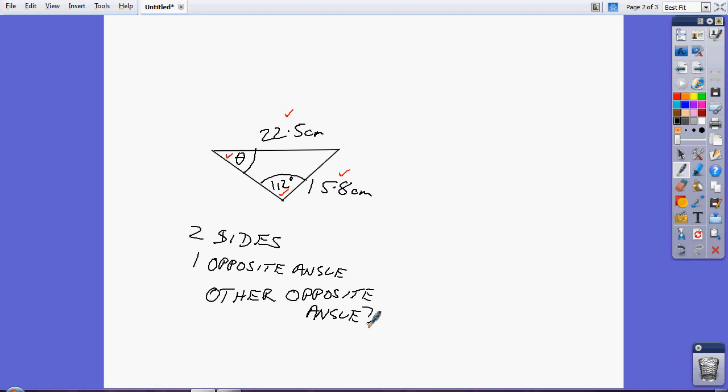The sine rule says a over sine of angle A equals b over sine of angle B. So let's label a few of these. If we call that angle A, here, then that will be side a. This will be angle B, and that will be side b.